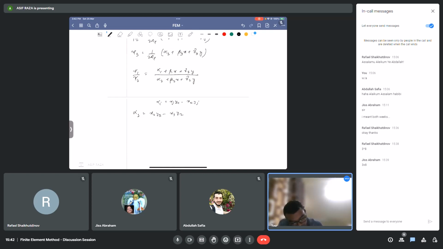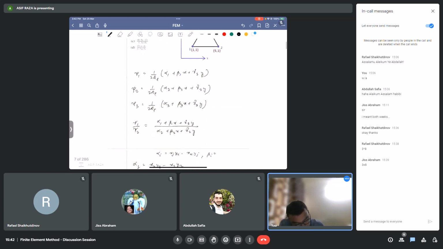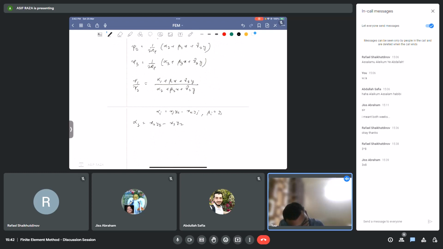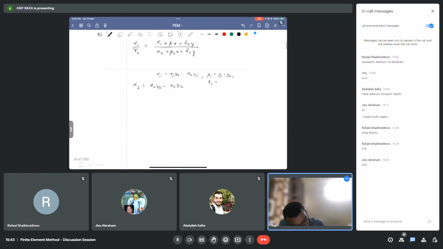Then we have beta i as yj minus yk, and gamma i as minus of xj minus xk.